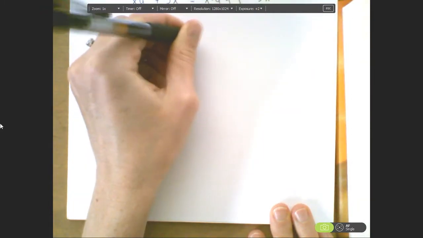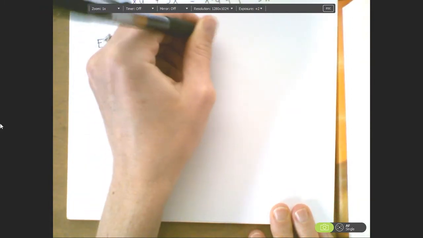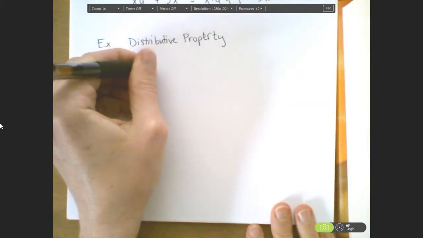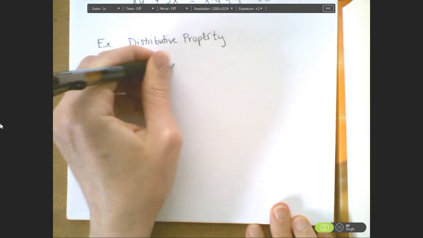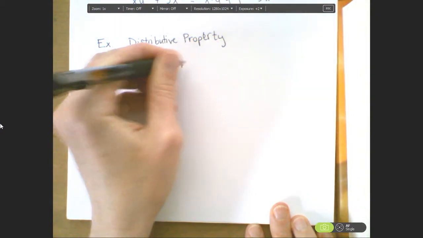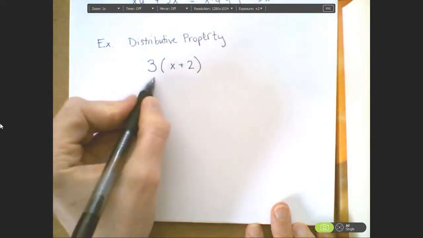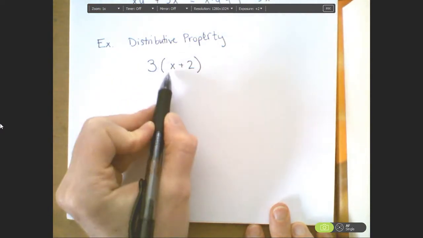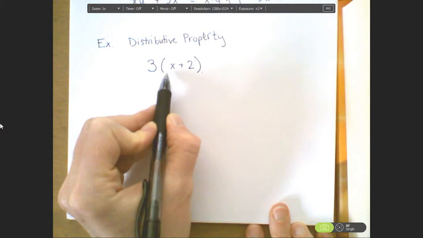So the distributive property typically refers to one in which our leading coefficient is just a single value. So for example, 3 times x plus 2. Notice I have a factor of 3 that's separated by a multiplication sign with this other factor, x plus 2.